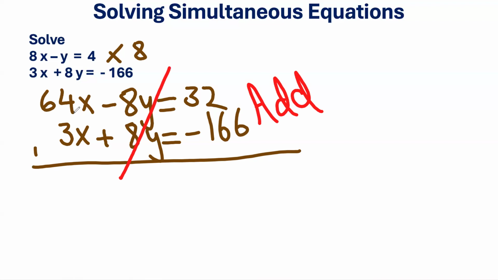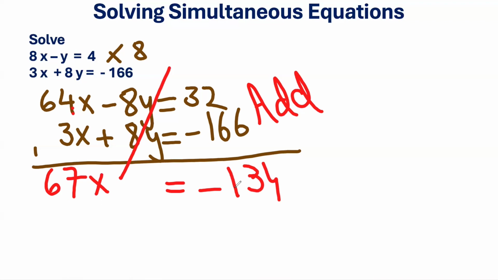So now you can see 64 plus 3 will give you 67x. Y is already eliminated. Now you can write the answer. Plus 32 equals minus 166. Minus will come. 166 minus 32 will give you 134.